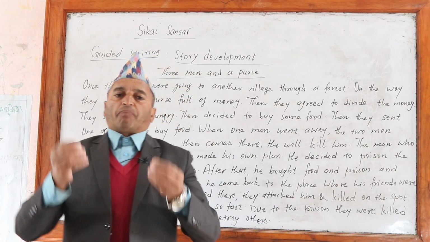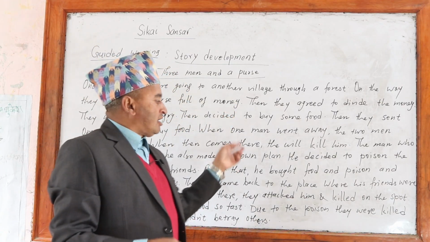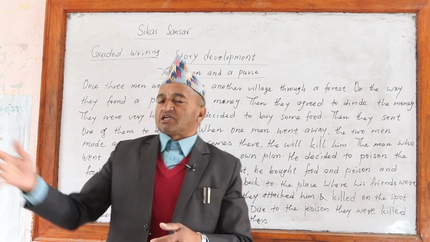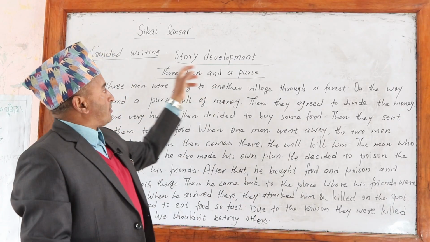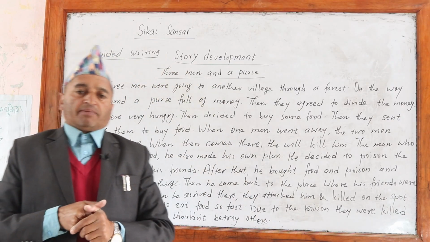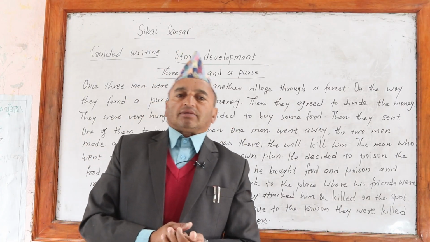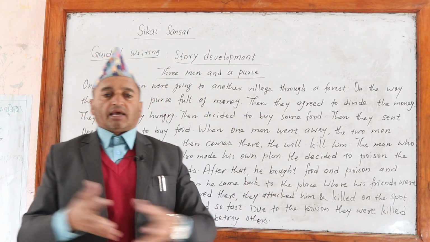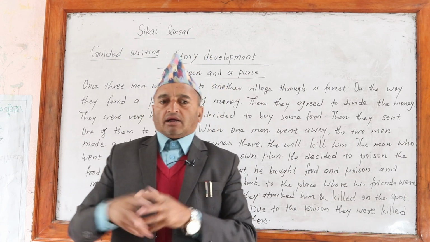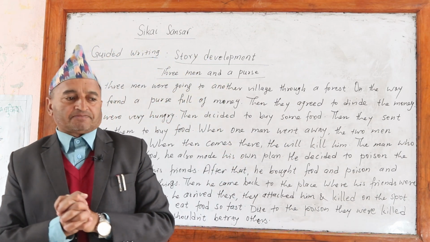We have to use the past tense as we have done, and finally we have to supply the moral lesson of the story, and the topic if that is not given. If we do the things as we have discussed today, we can get high or appropriate marks for this question.